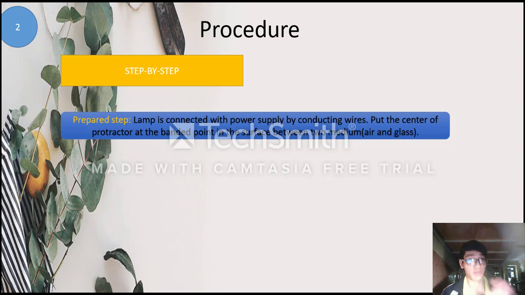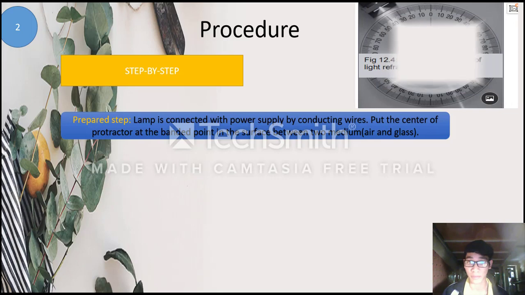The lamp must be connected with the power supply so that it is ready to work. Then put the semicircular slab at the center point of the protractor, with two media. In this case, the first medium is air and the second medium is glass.